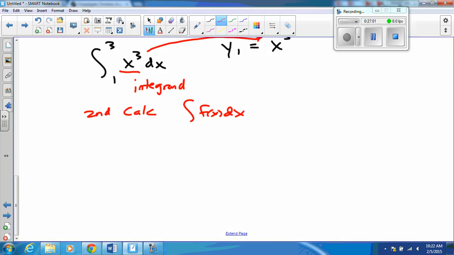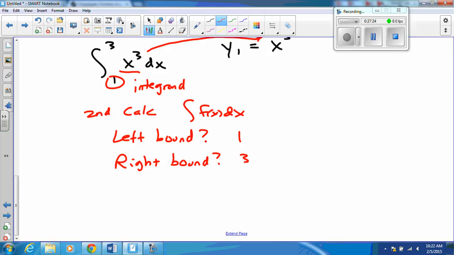And then it's going to ask you for a left bound, which is your lower bound, which is 1. You simply type in 1 and hit enter. And it's going to ask you for a right bound. Your right bound is your upper bound on your integral, which is 3. And you're going to hit enter.